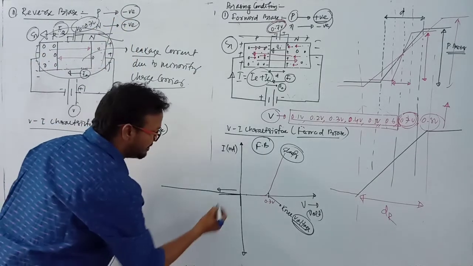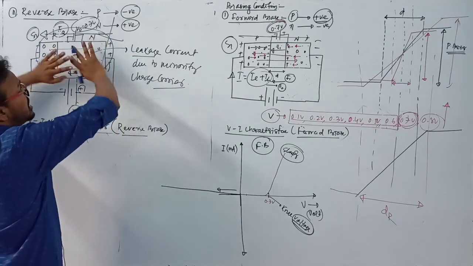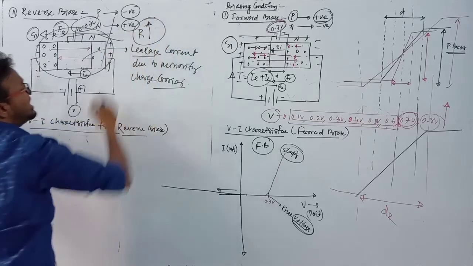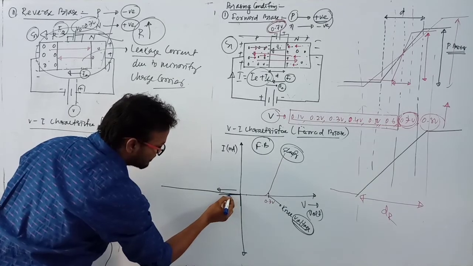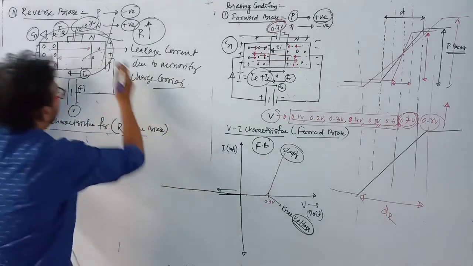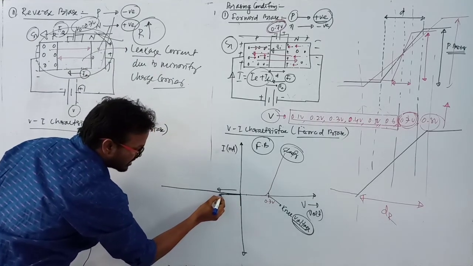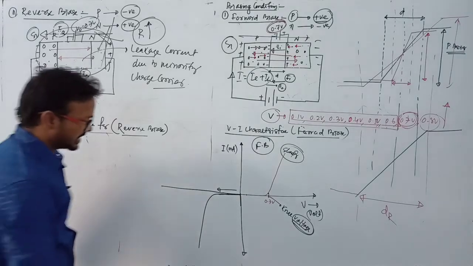So at that time the resistance of this semiconductor is large, you can say infinite, resistance increases, and finally this breaks. So we get a large current like this. Clear?